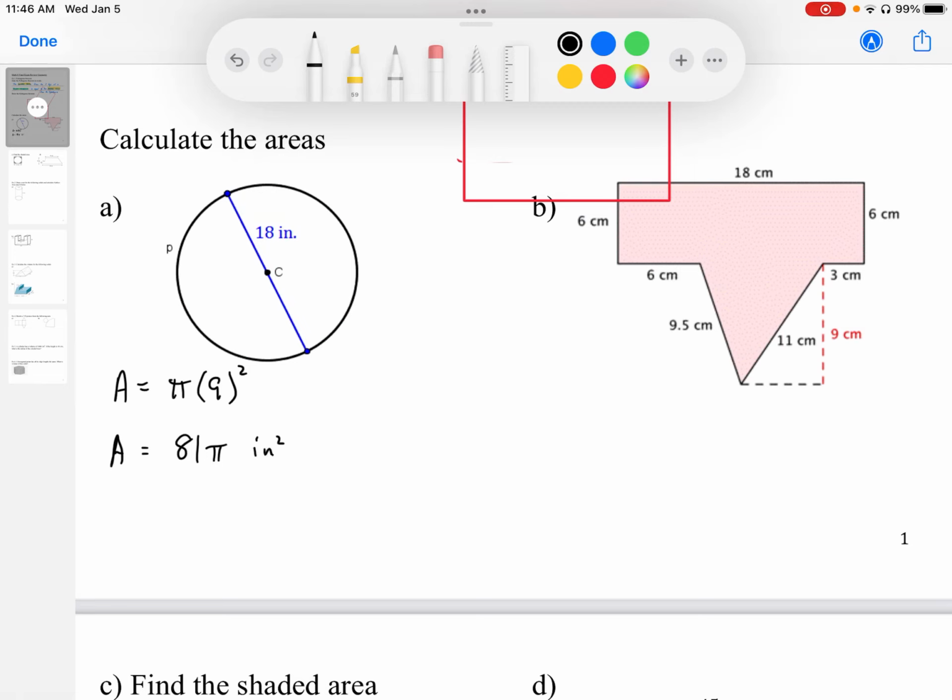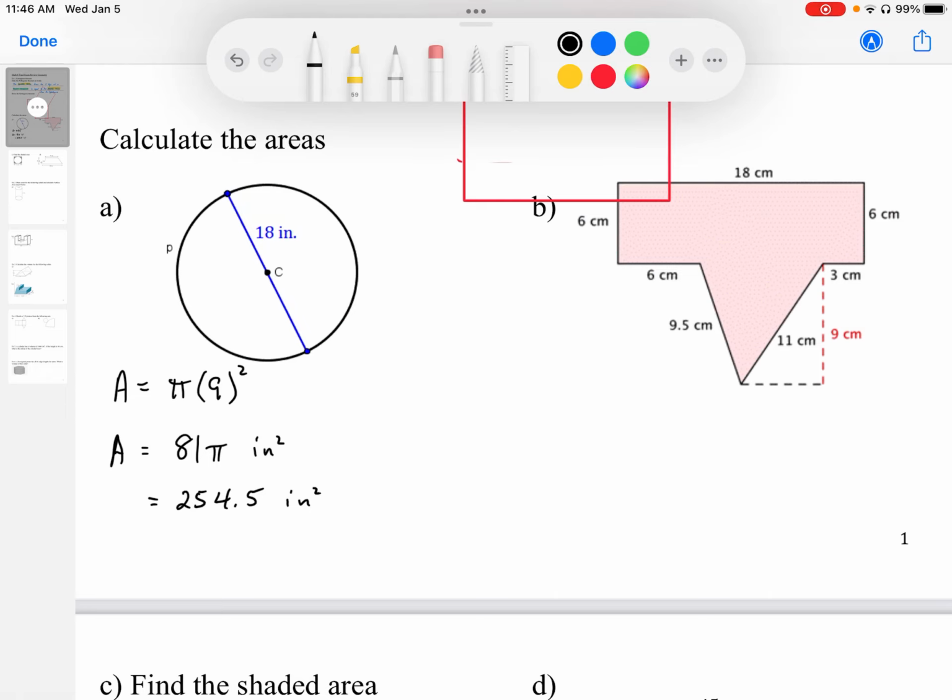Okay, now we can work that out as a decimal value. 81 pi inches squared is the best, but 81 times pi as a decimal is 254.46. I'm going to round that to 254.5 inches squared.